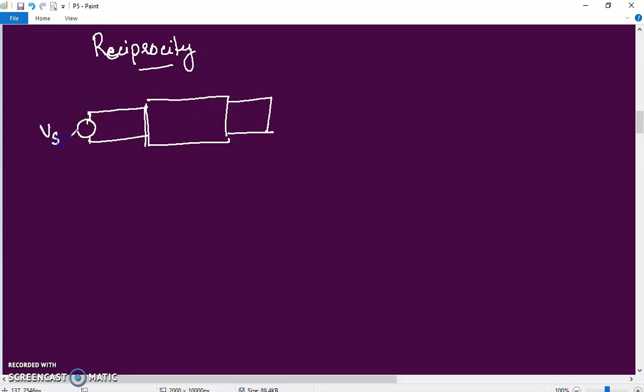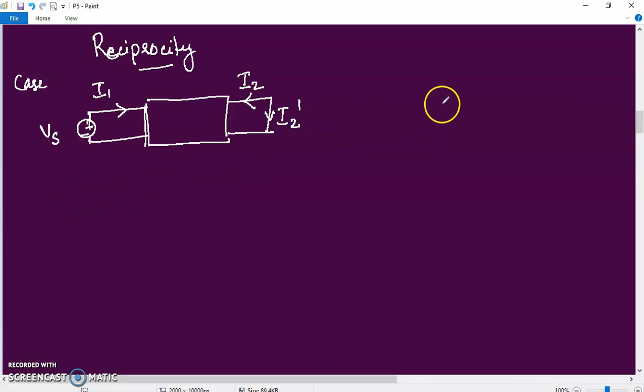So in the first case, we consider Vs at the input, plus minus. Here we have input current I1, here we have output current I2, and I2 dash is flowing in the opposite direction. We have to consider it like that.